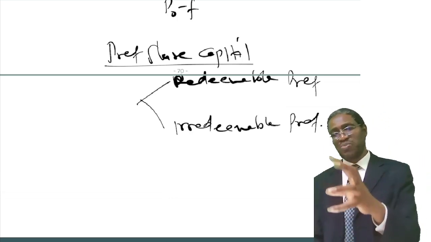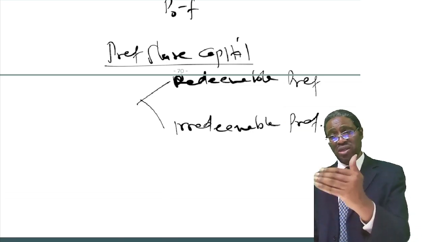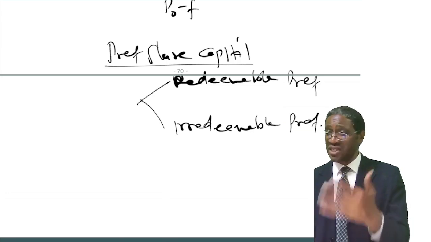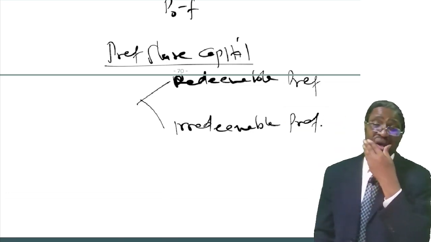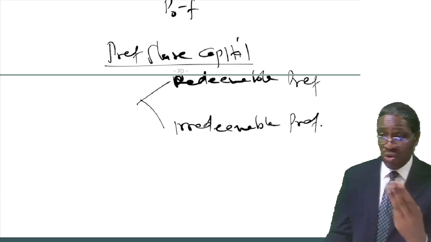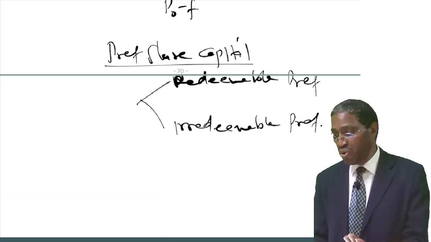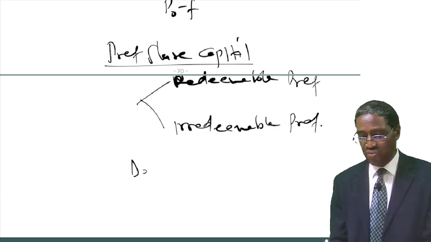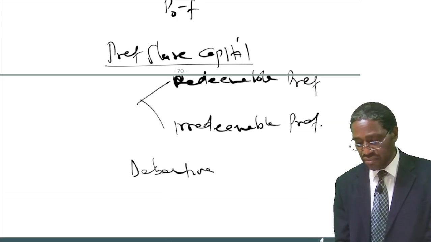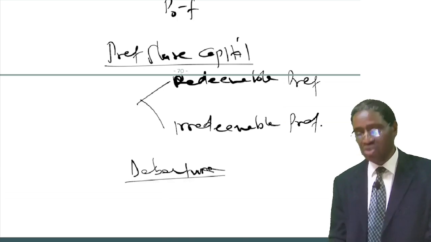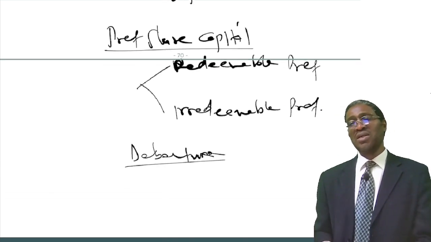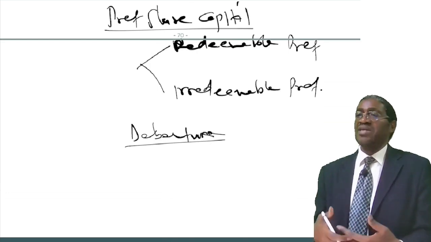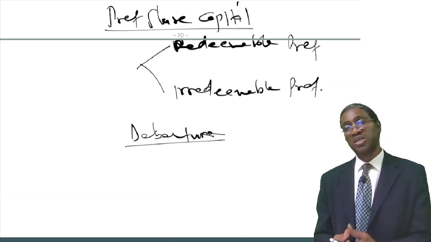After we have discussed preference shares, both redeemable and non-redeemable, how to compute their dividends or their return, or what we call the cost, then we can go on and talk about how to compute the cost of debt, or in other words, cost of debenture. Listen again, debentures can either be redeemable or non-redeemable.